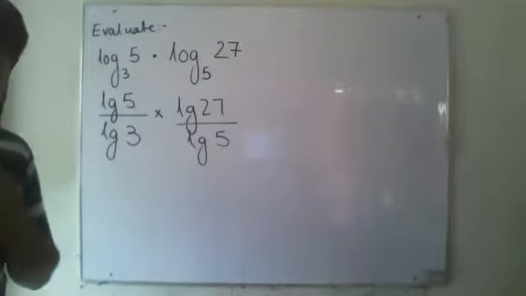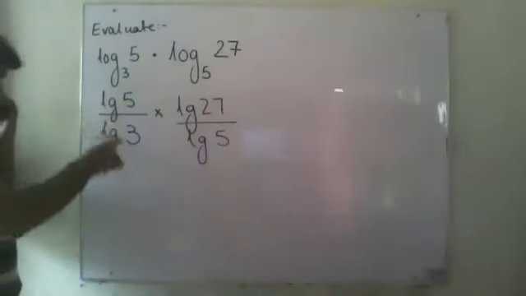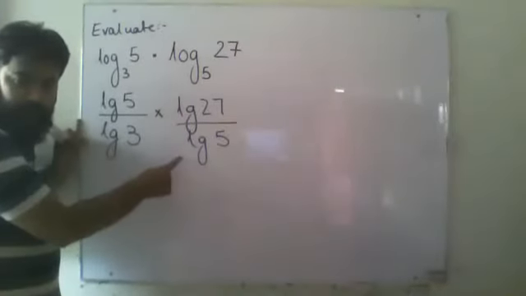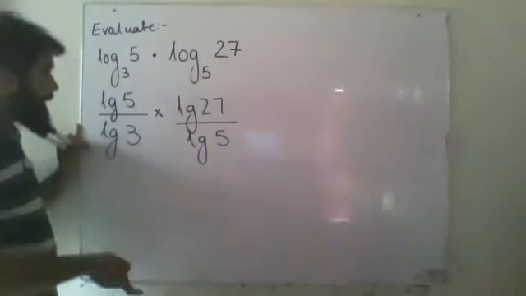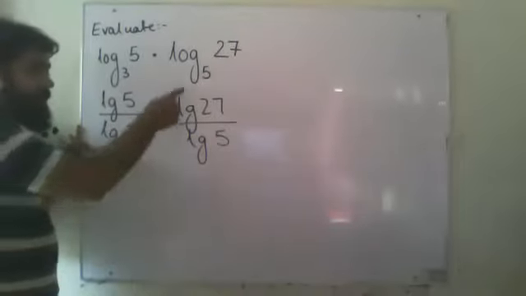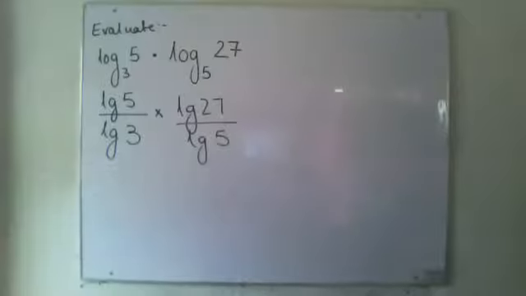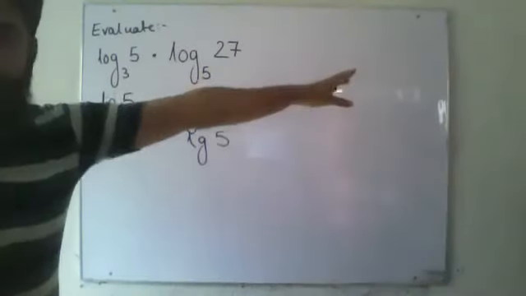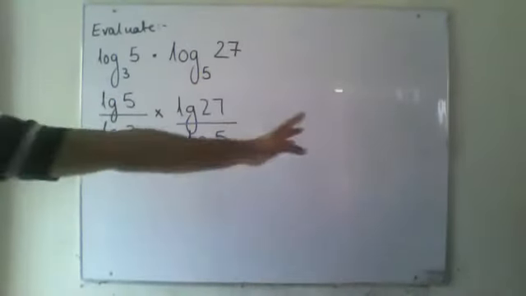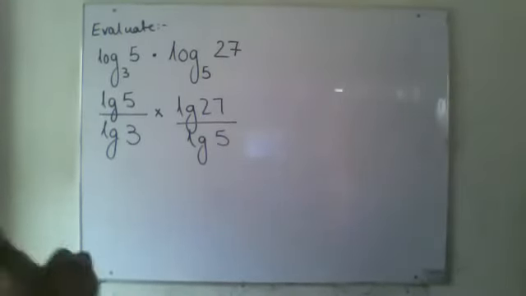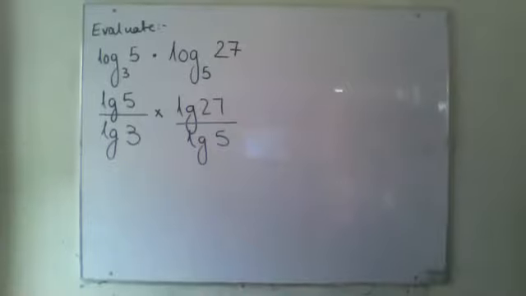It's not necessary that if I'm using lg over here, I should use it over here also. Nor is it necessary that if I'm using lg over here, I can't use it over here also. It's your choice. If three or four product forms are written and you want to shift all of them to one base, it's totally okay. If you want to change them to different bases, again it's totally okay.